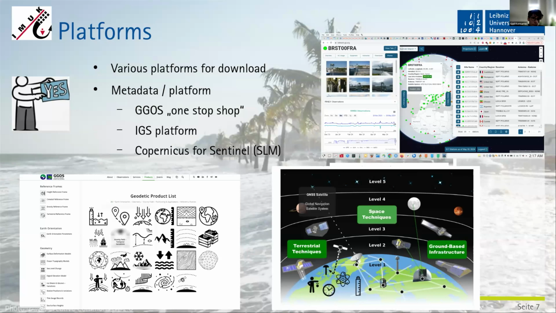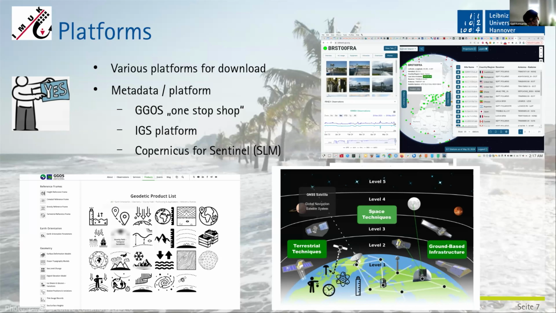When you think about Sentinel data, you have this Copernicus store, which is very, very nicely done now. You have a homogeneous platform, and it's always clear where to click to have access to the data. So the work that is done in the Copernicus program is really valuable for researchers, but it's only for that kind of observations and not for sea level rise, tide gauge, satellite altimetry, and so on.